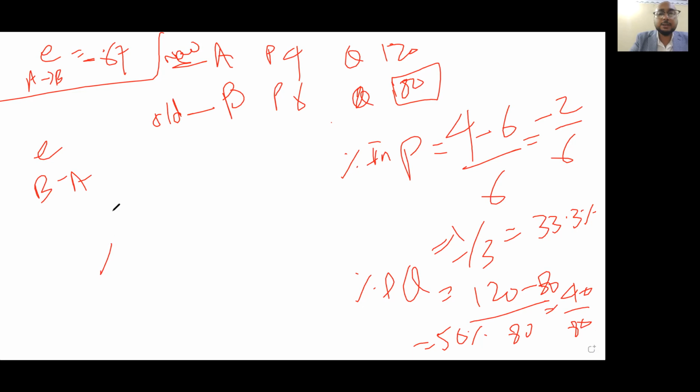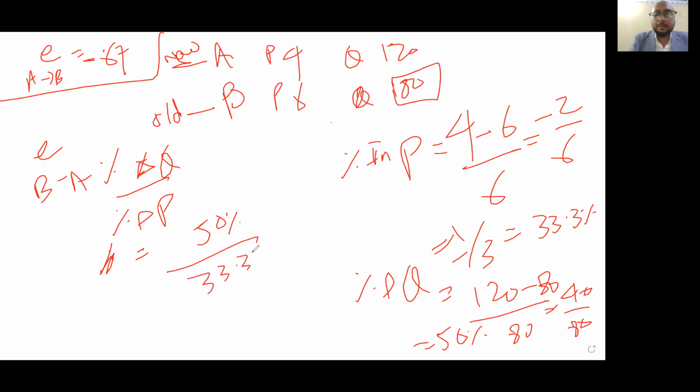So percentage change in quantity divided by percentage change in price. The answer is going to be 50% divided by 33.3%. What is the answer here? Can you calculate?